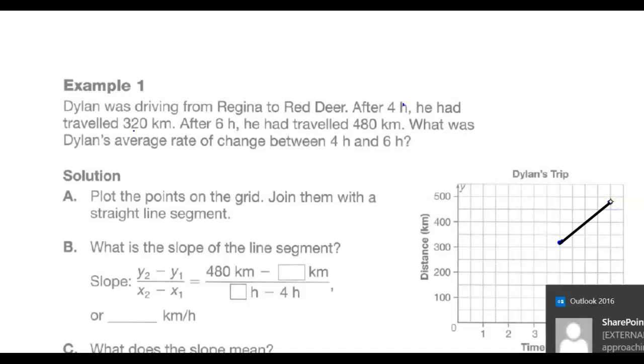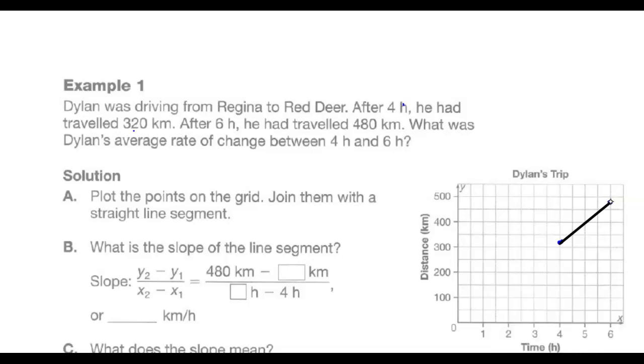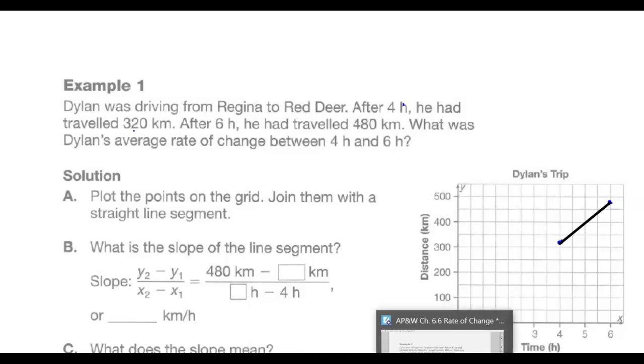Join them up with a line segment. So we need to go 480. So our second point. Oops, sorry. Let's get back in here. So this is 6, 480.